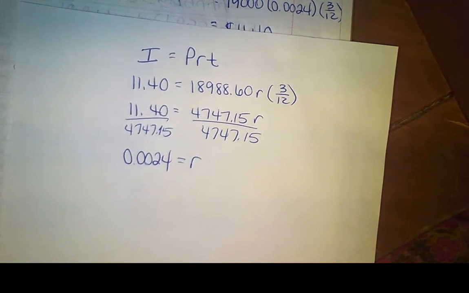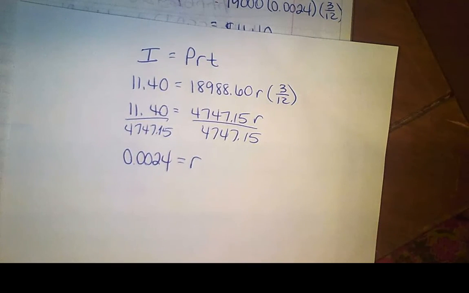0.0024, which sounds suspiciously similar, but remember that we're rounding. There's a rounding error involved because that interest is such a small, minute amount.